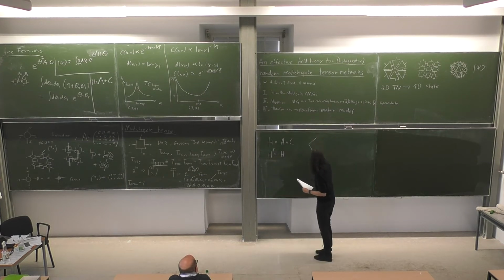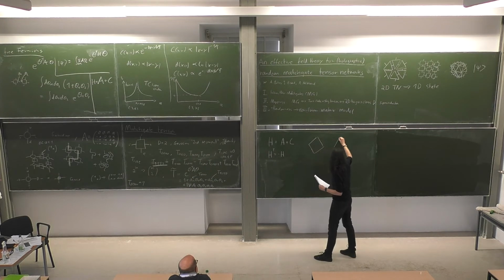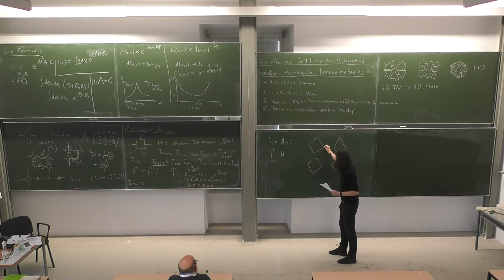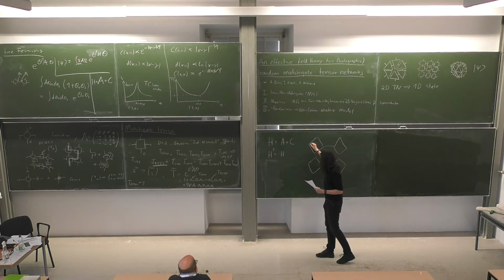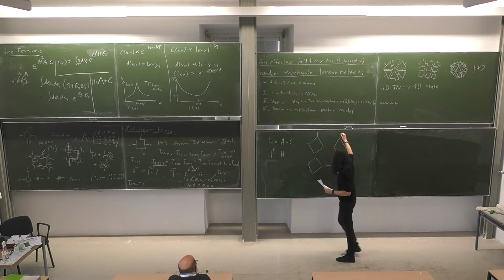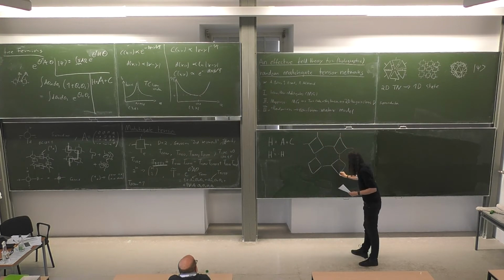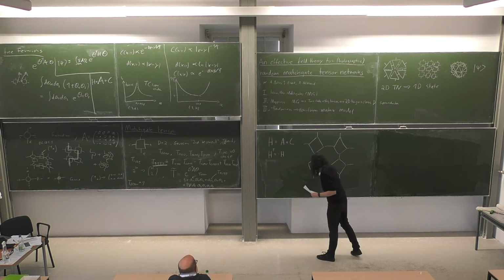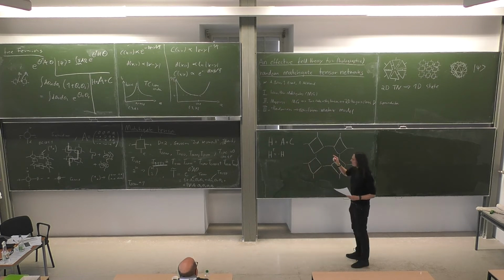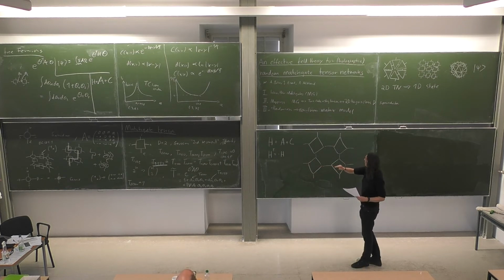So what I'm doing now is I'm redrawing this tensor network in a slightly modified version, but it's still the tensor network on the square lattice.